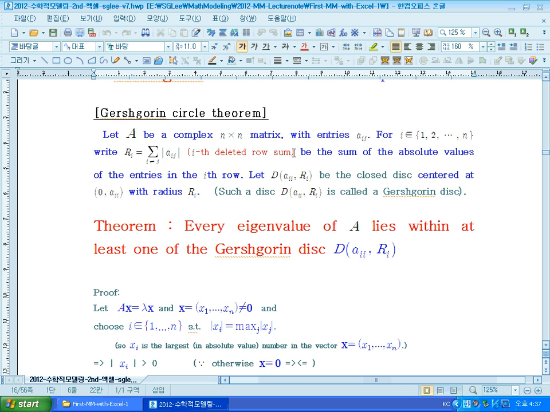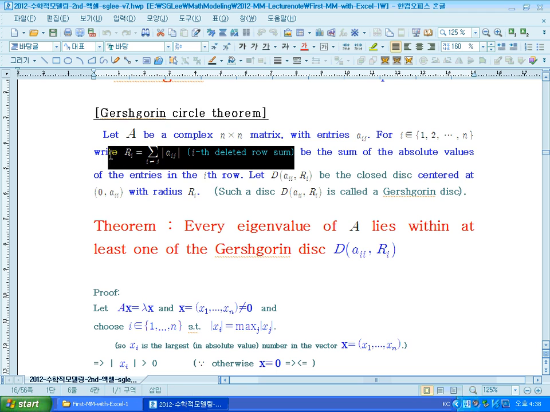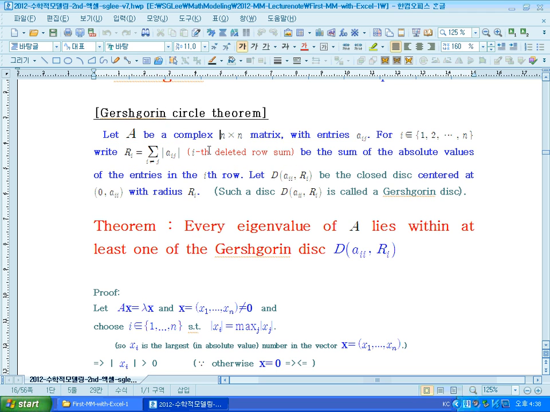So this is the sum of the absolute values of the entries in the ith row except the diagonal entry. We call this R_i, or R_i prime, the ith deleted row sum.